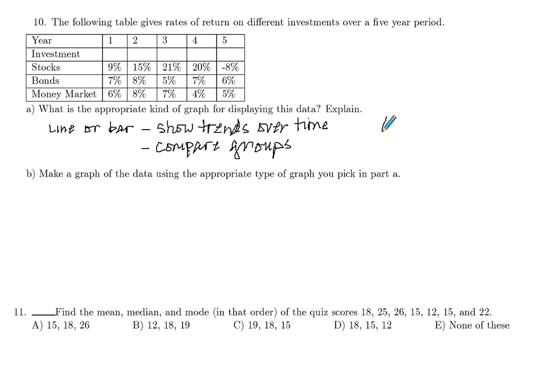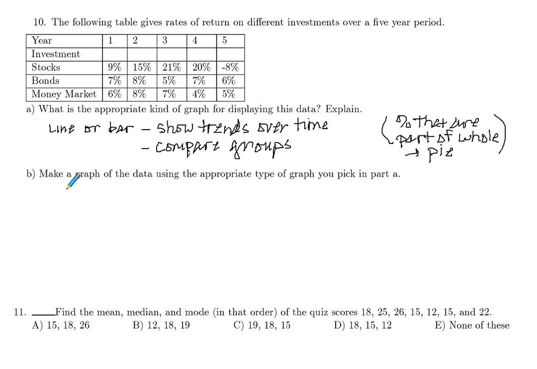And just as an aside, percents that are part of a whole would tell us a pie graph. That's not what's going on in this question, but I could ask you something about a pie graph. Again, I'm just trying to give you an idea of how I could change the questions. So now we want to make a graph of the data, using the type of graph we picked, either a line graph or a bar graph.